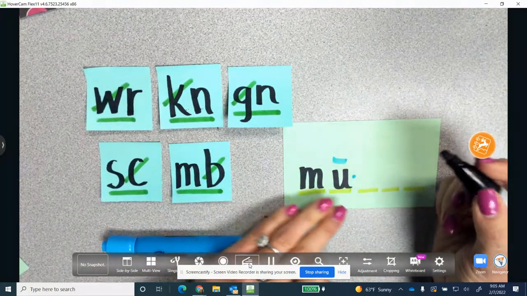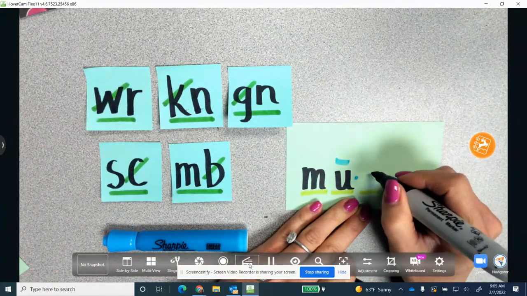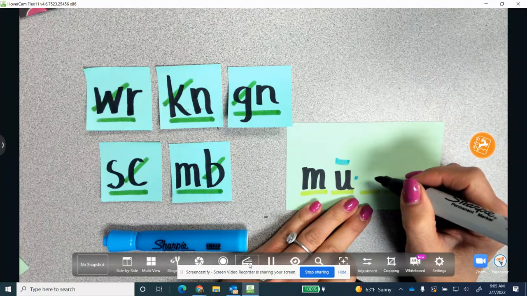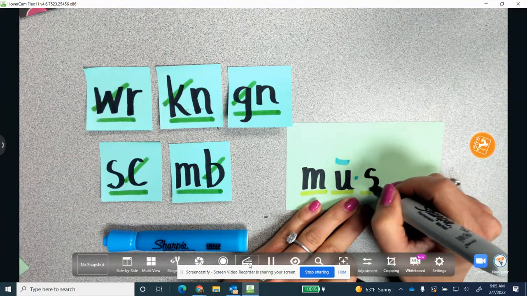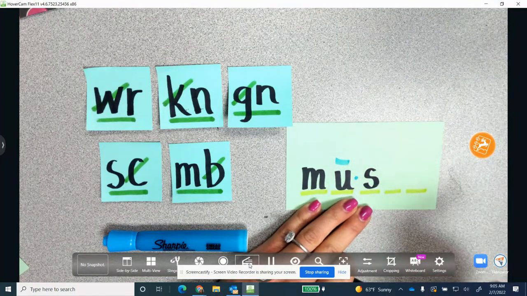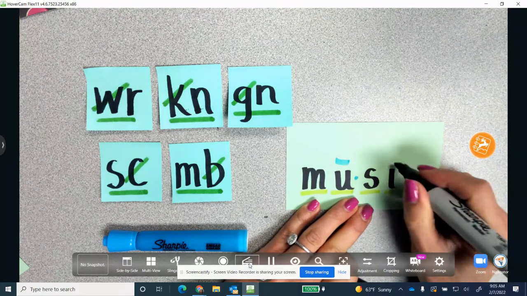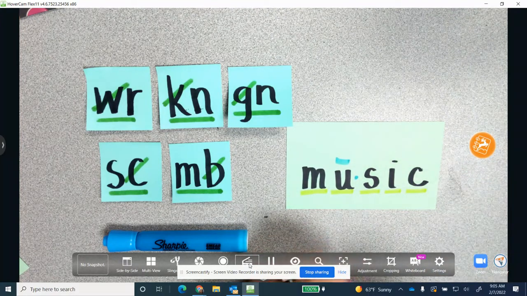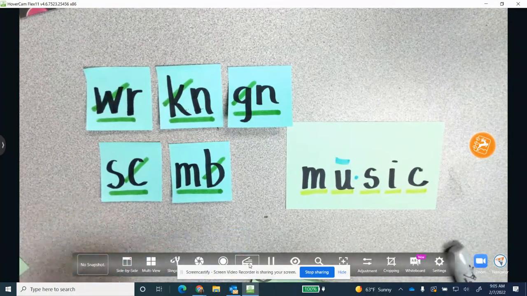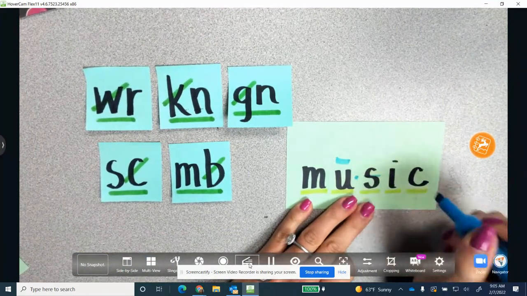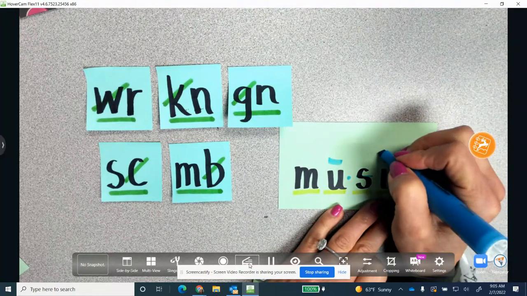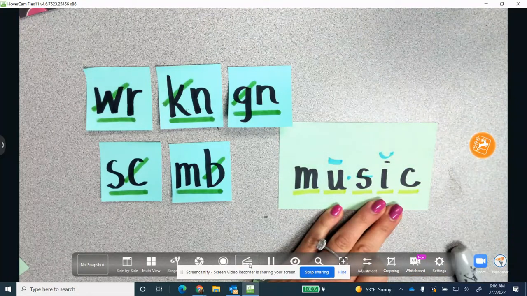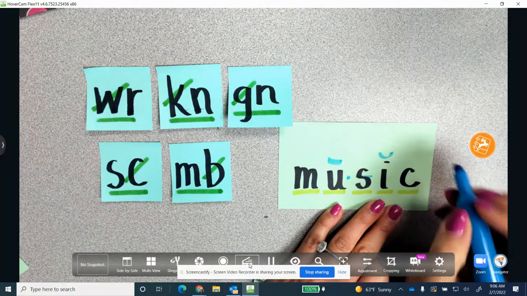Now that is the voiced S. It sounds like Z as in zebra, but we call it the voiced S. Okay, and we use, so this is voiced. And this is a short vowel. It's in a 2-syllable word. So at the end of my word, I'm going to use just the letter C, not the digraph CK. Okay, music.